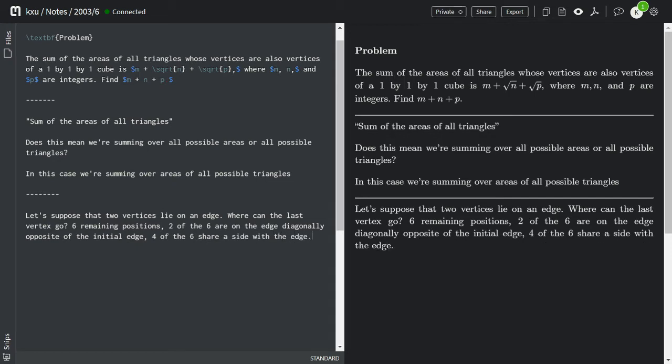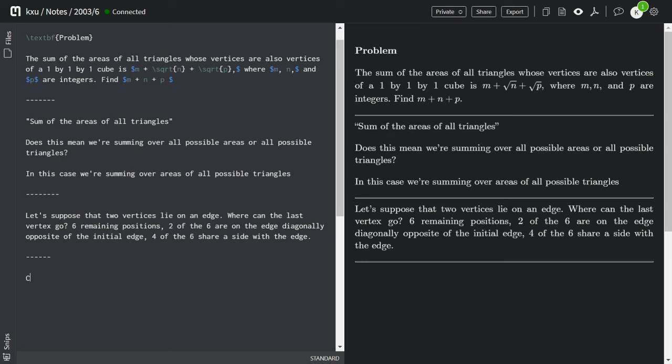So 4 of the 6 share a side with our initial edge, while 2 of the 6 don't. And of course, if you want to see the logic behind that, you can just draw a diagram, and that will really help in this question where it's very hard to imagine 3D figures.